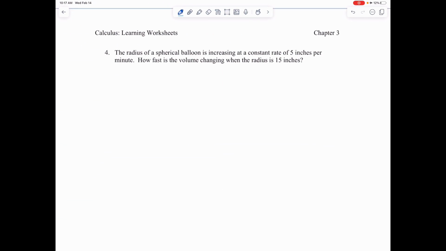Okay, the radius of a spherical balloon is increasing at a constant rate of 5 inches per minute. How fast is the volume changing when the radius is 15 inches? So we have a balloon. It's as spherical as we can make it.